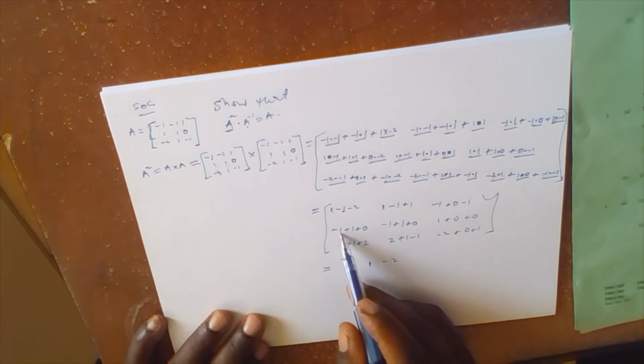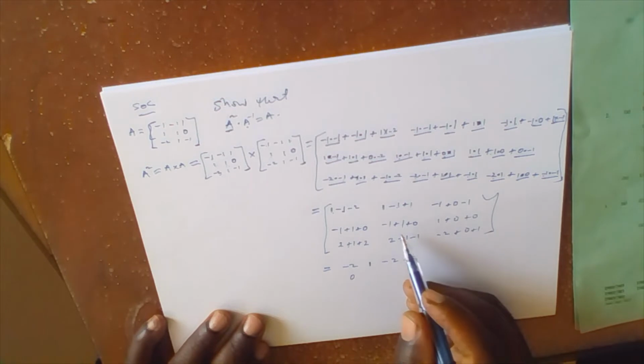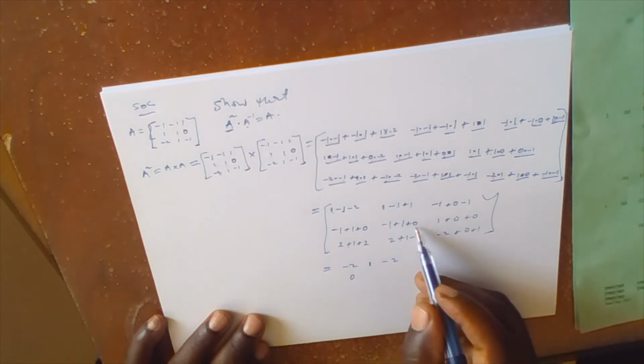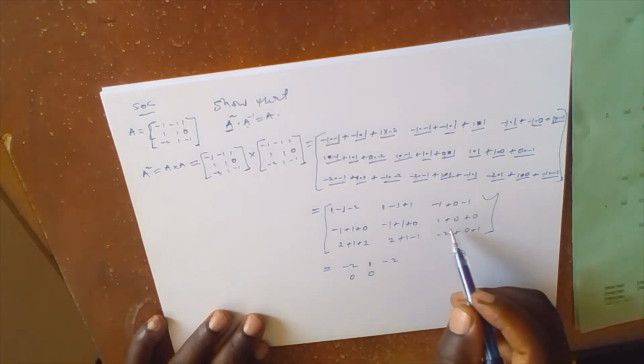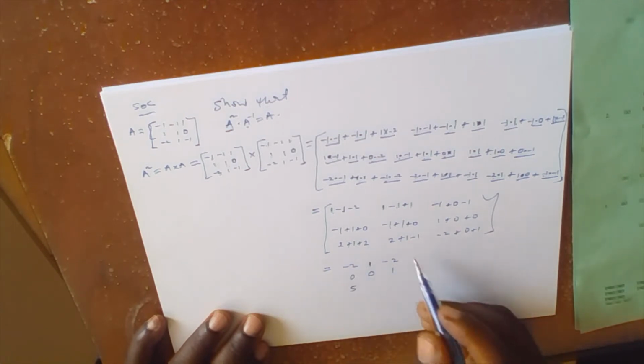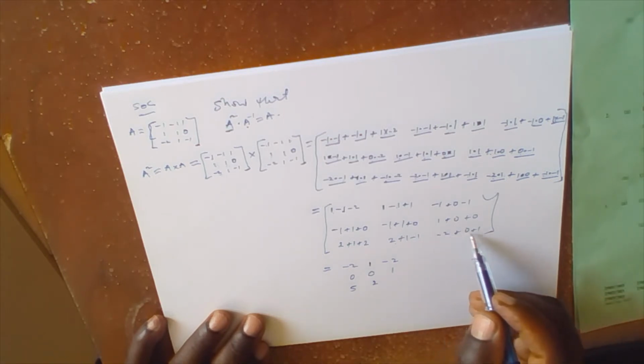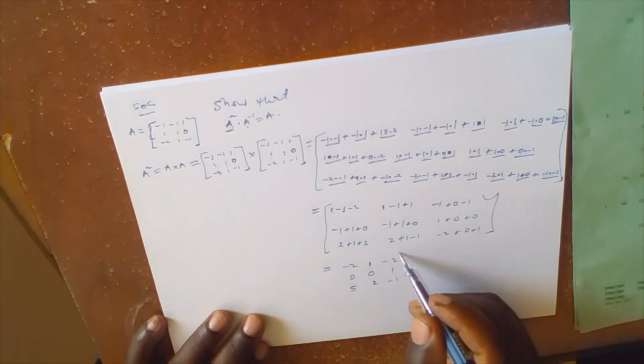So minus 1 plus 1 plus 0, we remain with 0. Negative 1 plus 1 plus 0, that is 0. Here we have 1. Here we have 5. 2 plus 1 minus 1, we have 2. Then minus 2 plus 0 plus 1, we have minus 1.